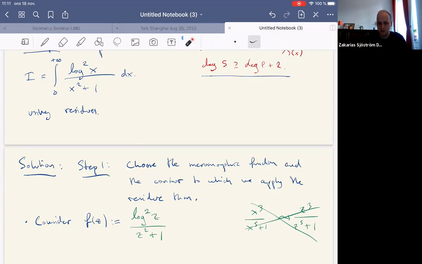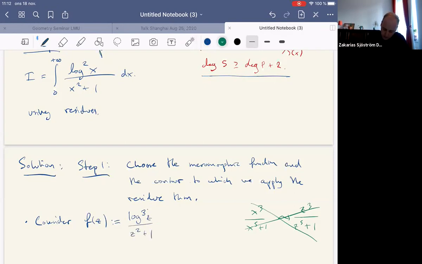The trick is that you don't put log squared, so you don't just copy and change x for z, but actually you do the following. So let's just erase this and put log cubed of z over z squared plus 1.